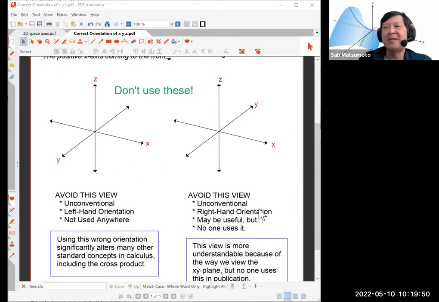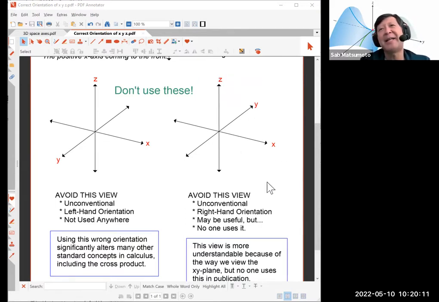Okay. Now, just to complete this discussion, some of you are using this. The positive X goes this way to the right. Y goes sort of away from you, almost into the piece of paper you are drawing this on, and then the positive Z is upward. Now, this is actually the right-hand orientation.